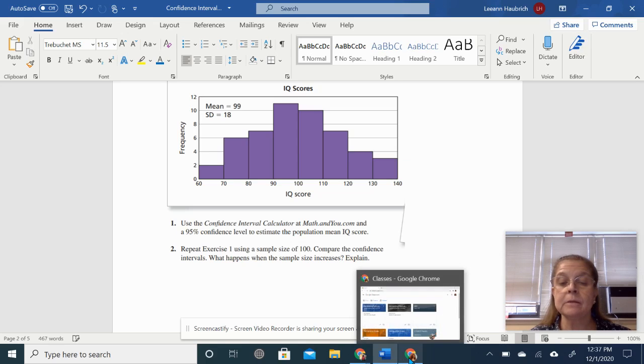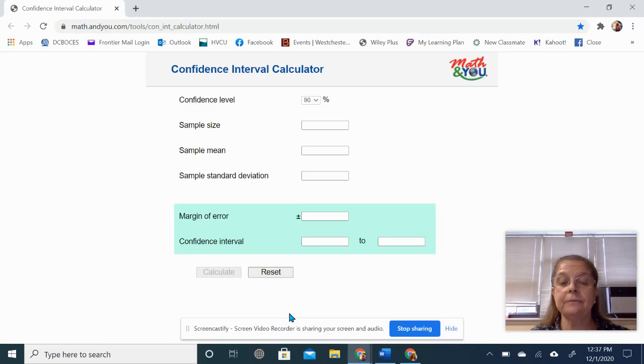So now I'm going to go back and find that. Change this to 95. The sample size was 50. The sample mean was 99. And the sample standard deviation was 18. As soon as you put those in, notice the calculate button is now gray and I can click on it.